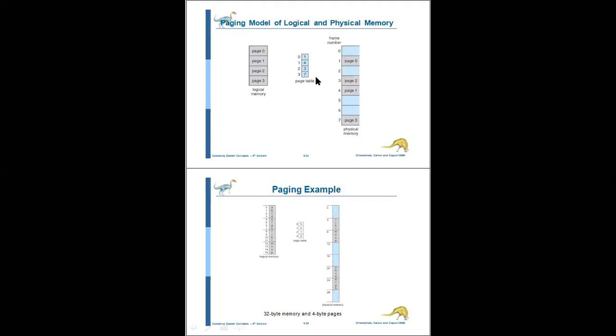At frame 3, page 2 is stored. At frame 7, page 3 is stored.